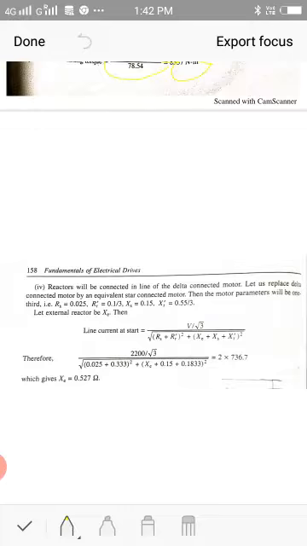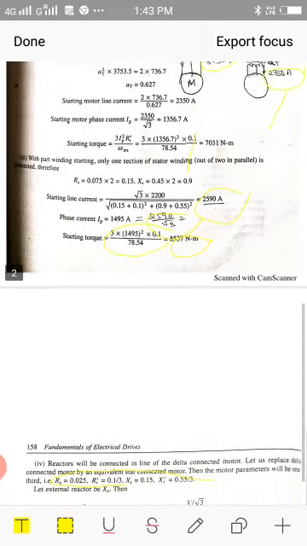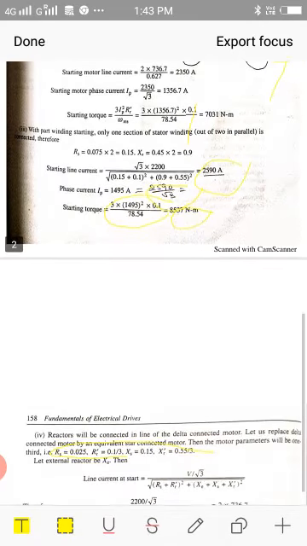So you know that in star and delta conversion, for a delta winding, the value of resistance will be 3 times the value of resistance for the star winding. Okay, so the same thing I am using here. So the motor parameters will be like this. RS will be equal to 0.025, that is nothing but 0.075 divided by 3.